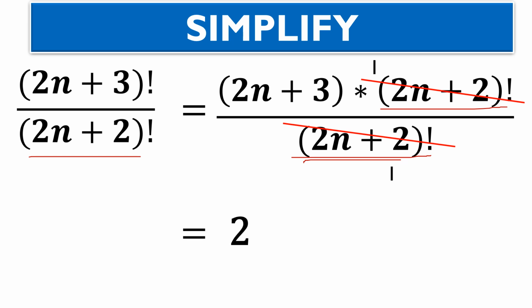We're simply left with 2n plus 3, and that is the answer. So we have further simplified the factorial expression, and our simplification has resulted in the value 2n plus 3.